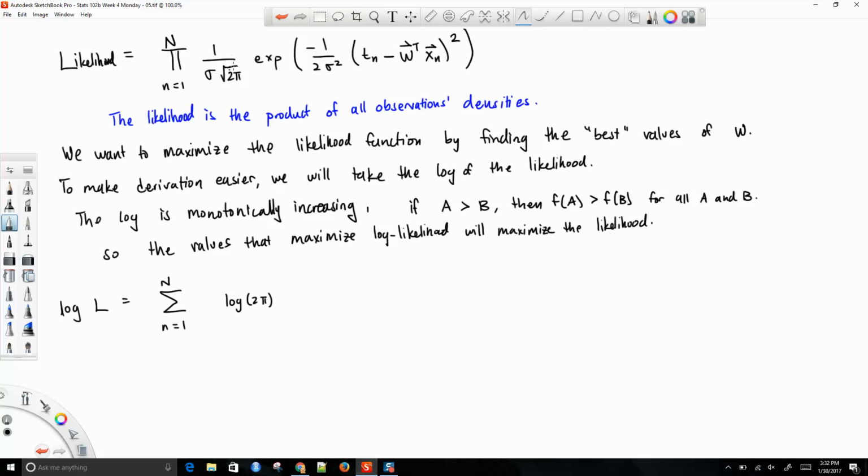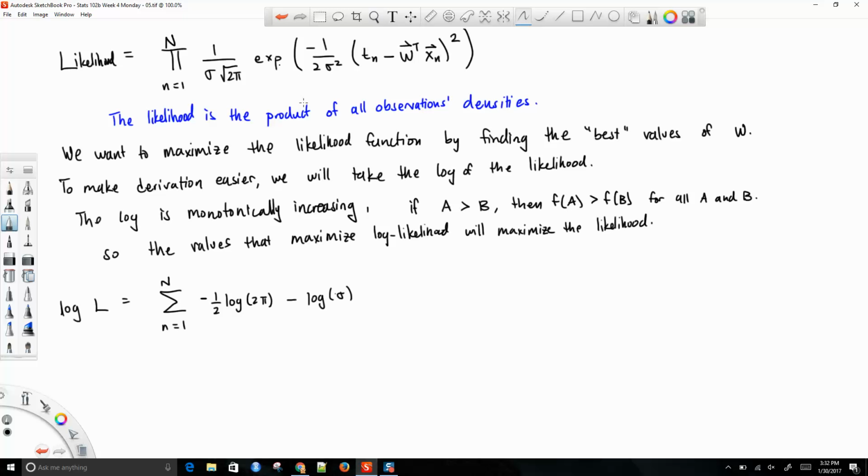But this is raised to the 1/2 power, and it's on the bottom, so I'm going to have a negative 1/2 in the front there, okay? And then I'm going to just separate the sigma out here, just to keep my life a little easier. So I'm going to have log of sigma, okay? That's the first term.